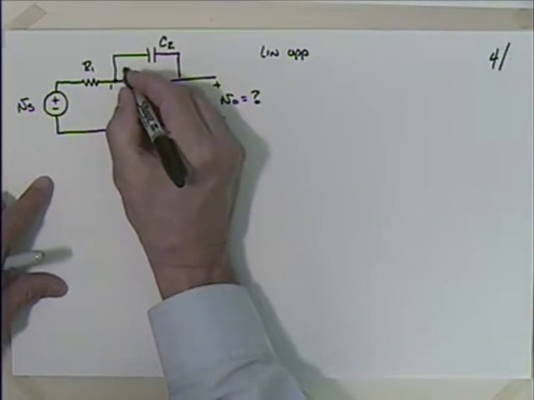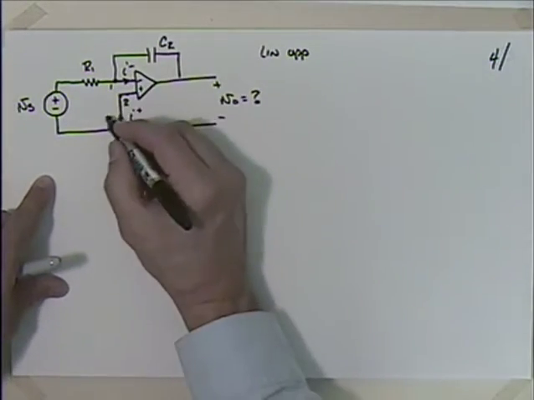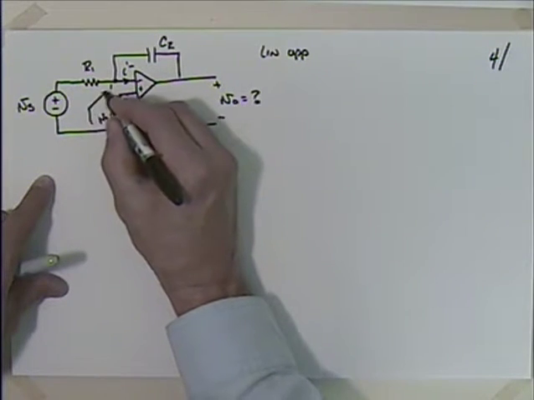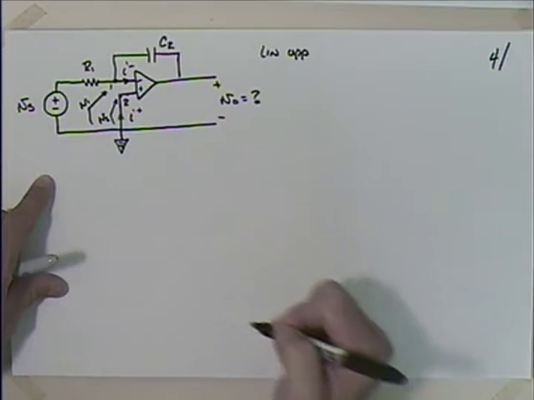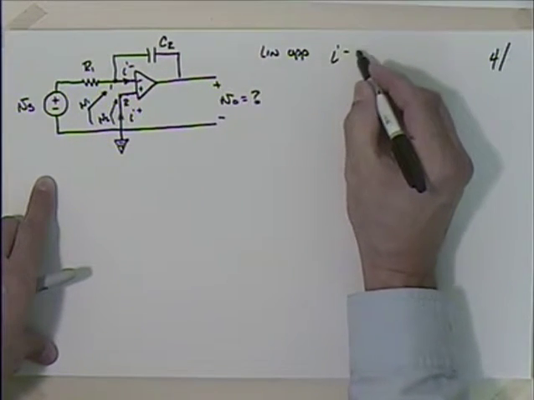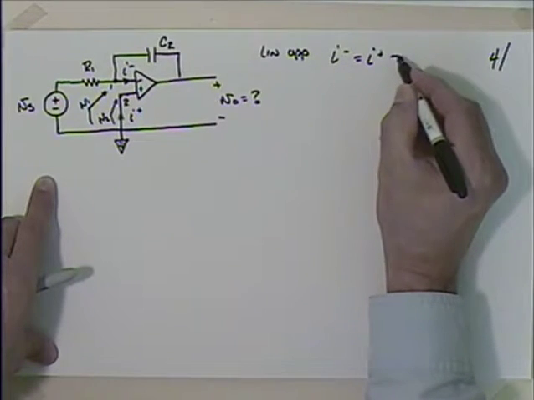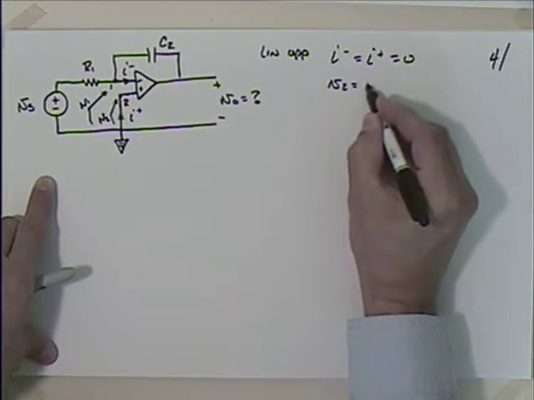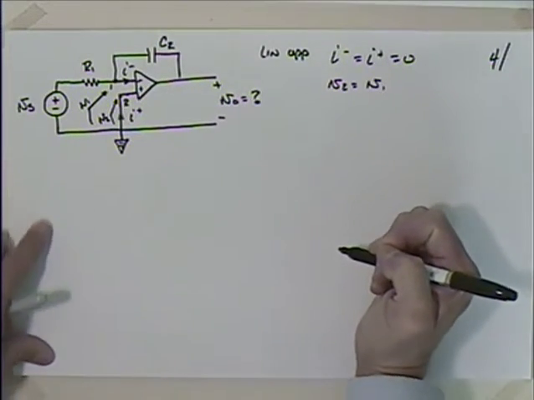And this will be I minus, won't it? And then we would have V2 here, and V1 like that. So I could say with linear operation that I minus is equal to I plus is equal to 0, and that V2 is equal to V1.